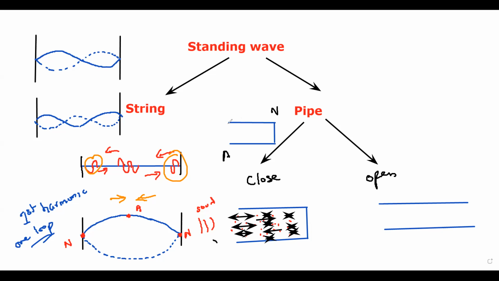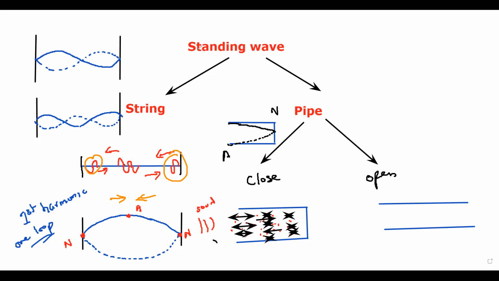So when we complete this wave, we draw a node of minimum amplitude, an antinode of maximum amplitude, and then we complete this. Only half of the loop is produced here, and this is the minimum number of loops which can be created in a closed pipe.